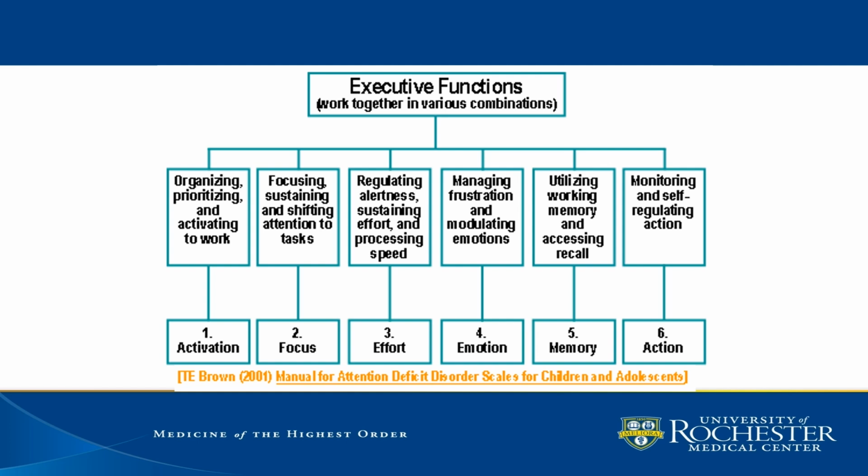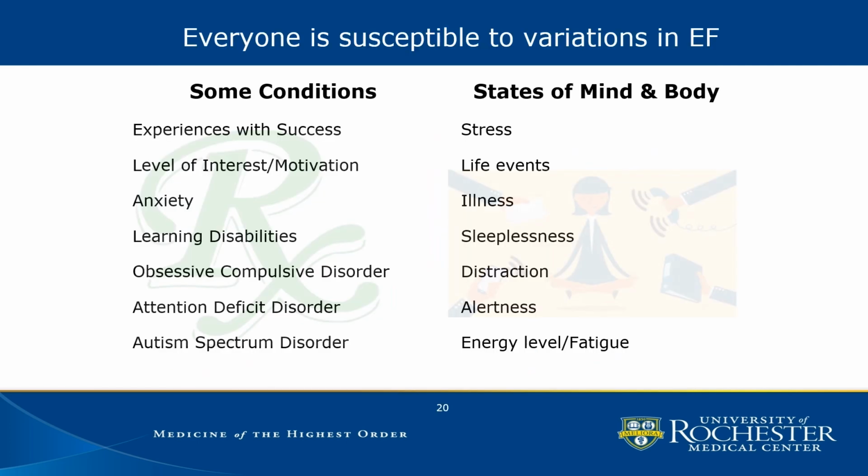Everyone is susceptible to variations in executive function. We all have differences. Neurodiversity, inclusive or exclusive of any formal disorders, can result in variations. There are many neuropsychological and clinical measures of brain function, but there is no single measure that can adequately assess executive function. Multiple formal and informal measures should be used when assessing executive functions.